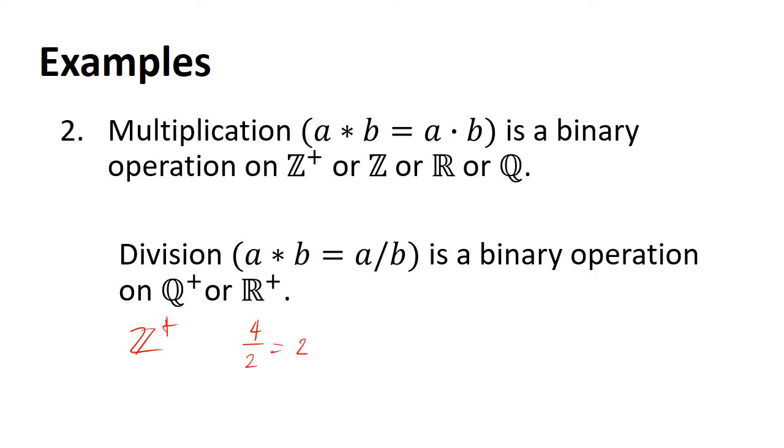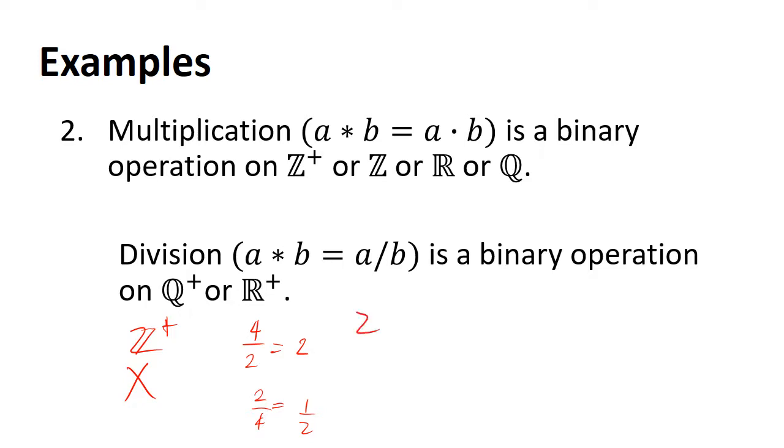If we divide 4 by 2, we get 2. Yes, it is a positive integer. However, if we divide 2 by 4, we get 1 half, and 1 half is not an integer and does not belong to the set of positive integers. Therefore, division is not a binary operation on the set of positive integers.